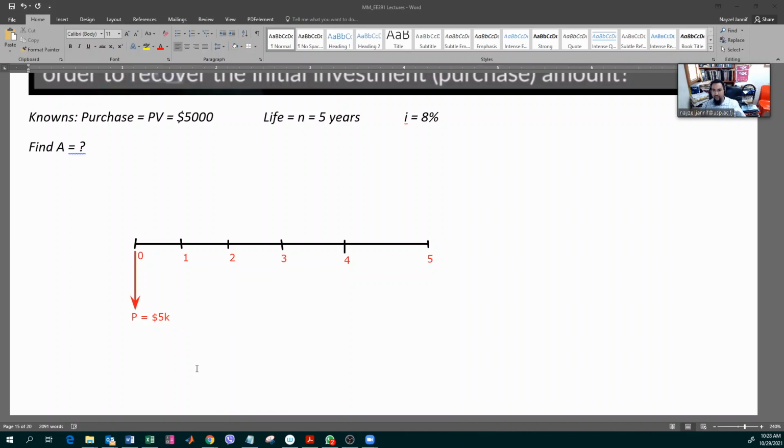Present value is 5K, and this machine has got to make savings every year, and the value of that savings we have to calculate.